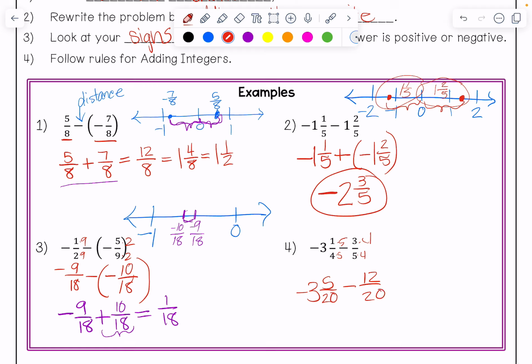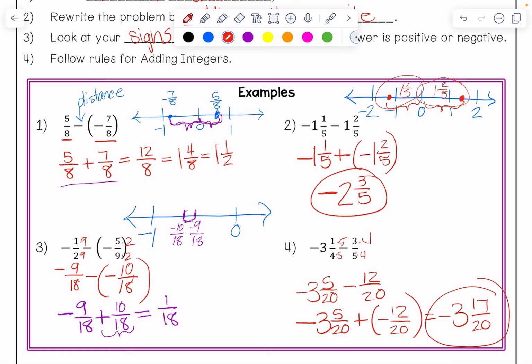And so if we imagine rewriting this, we have -3 5/20 plus, and then the opposite of 12/20 is -12/20. So we have same signs, so I'm going to be adding these, and I'll get -3 17/20. That can't be simplified, so that's my final answer.